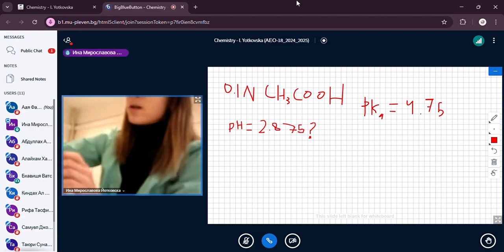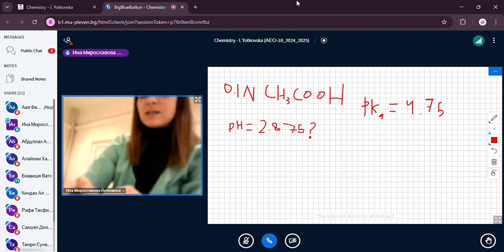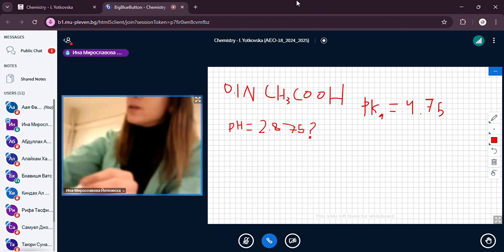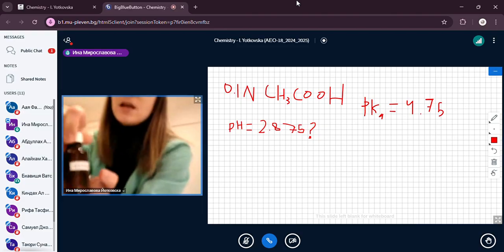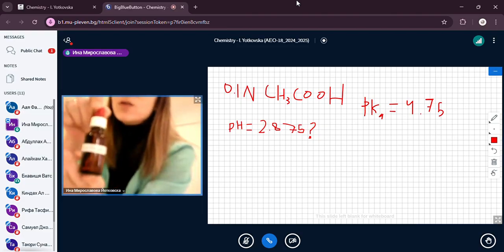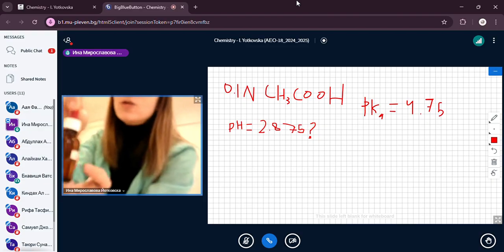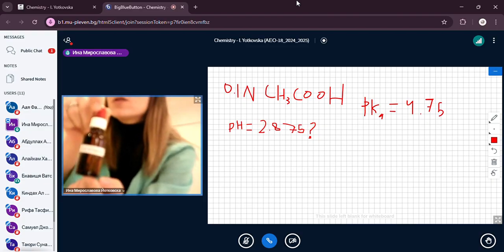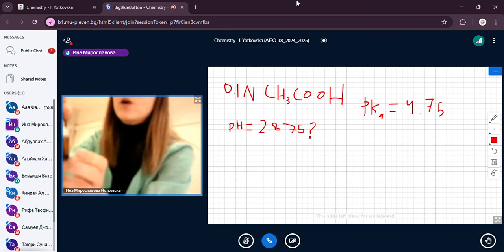Now that was all acidic solutions, I will continue with bases. The first base that I will measure is one of the strongest, sodium hydroxide solution with concentration 0.1 normality.